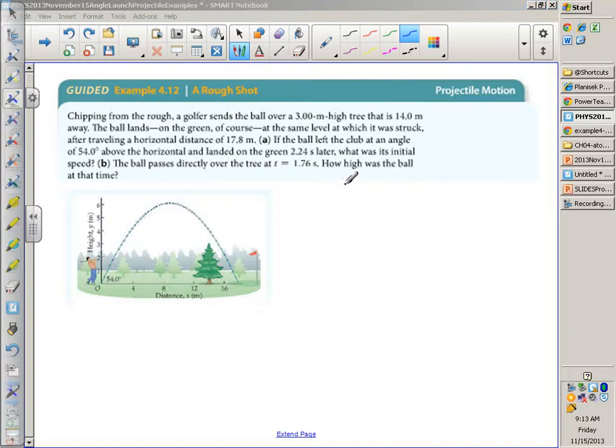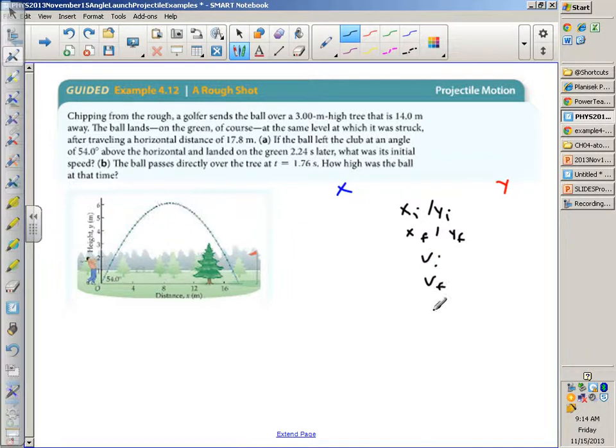So, we're going to start an x column, y column. Now, because this is a different problem and a different point in the flight of this ball, the chart looks the same, but it's different information. V initial, v final, acceleration, time.